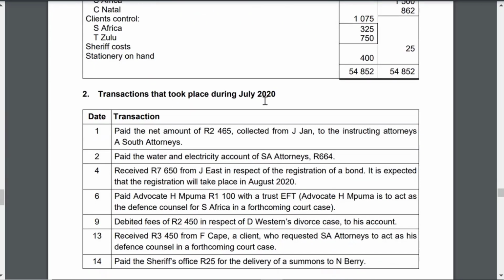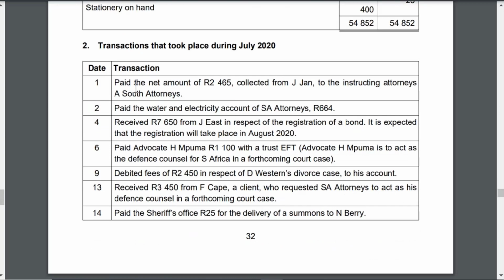Transactions that took place during July 2020. Number 1, paid net amount of 2,465 collected from GGen to the instructing attorneys, A South attorneys.